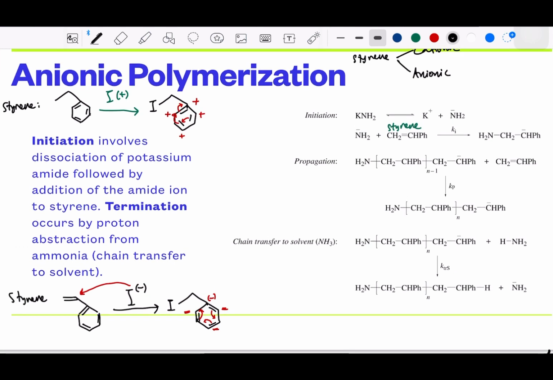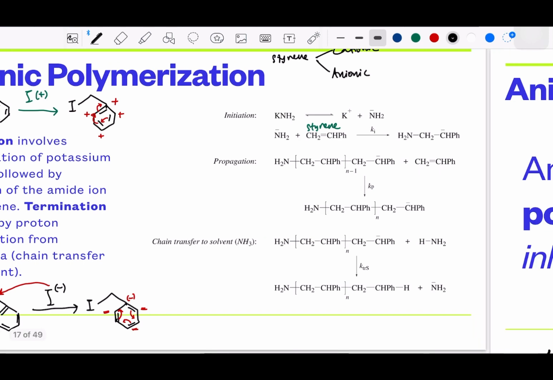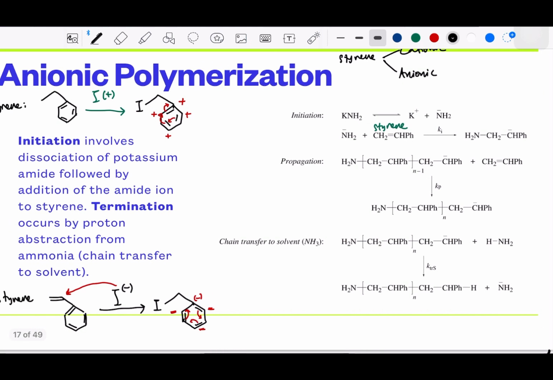So this is the original anionic polymerization. And basically, what we've seen here is that this is not really terminated. This is just transferring the active centers, right?